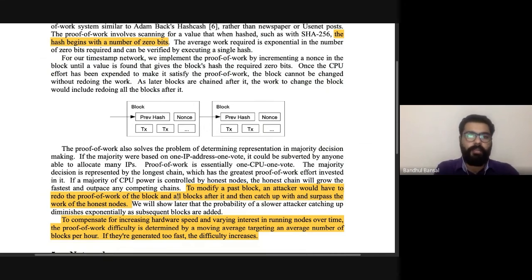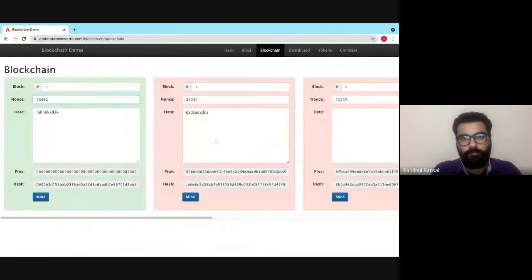So what an attacker will have to do, supposedly you have this particular block mined and this particular block mined, right? And this is the chain that exists.